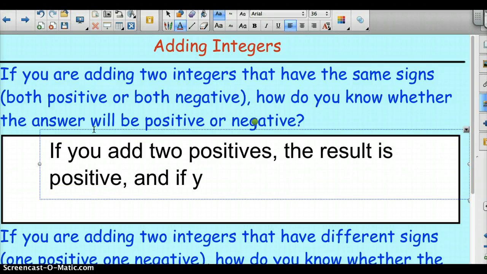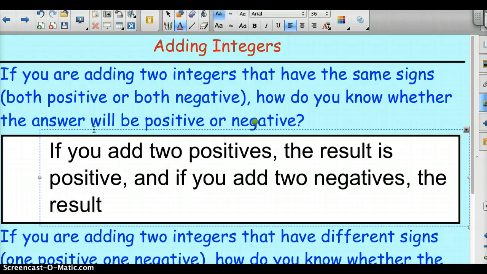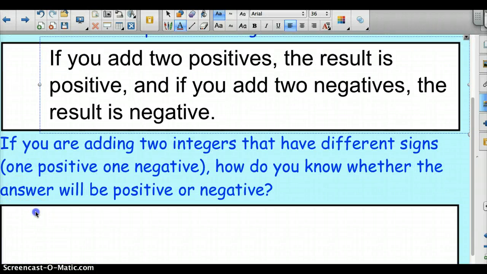And if you add two negatives, the result is negative. In fact, if you add two positives, the result will be a bigger positive. And if you add two negatives, the result will be a bigger negative. That's the basic idea we have there.